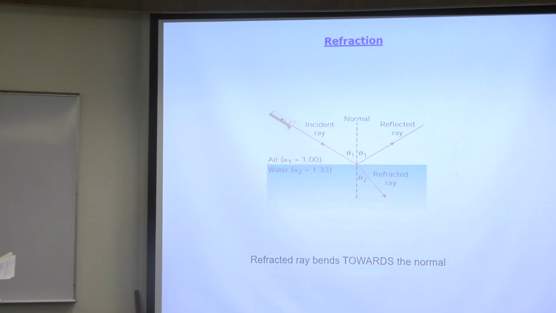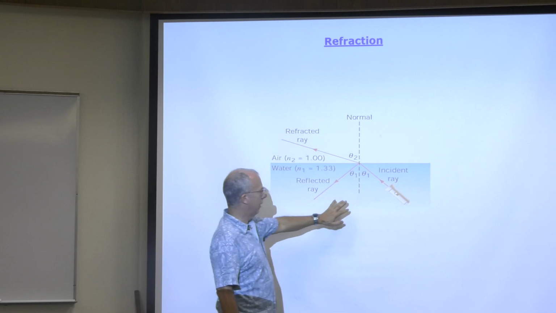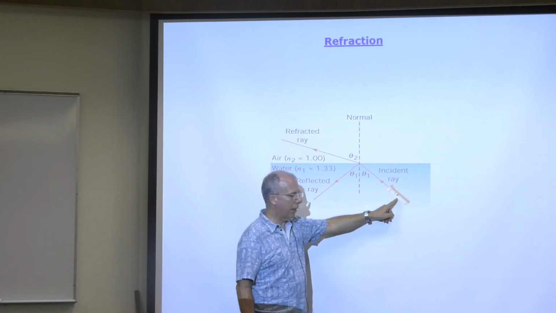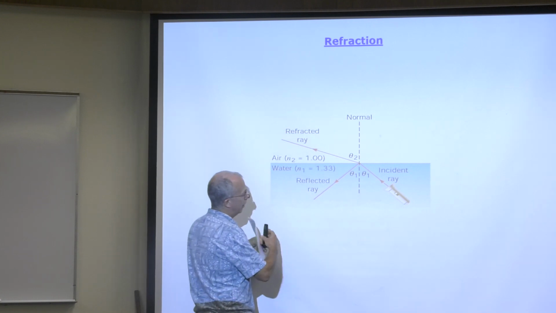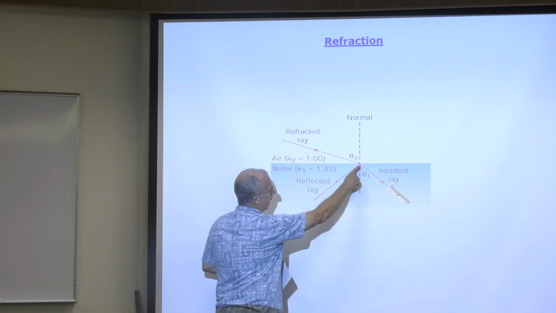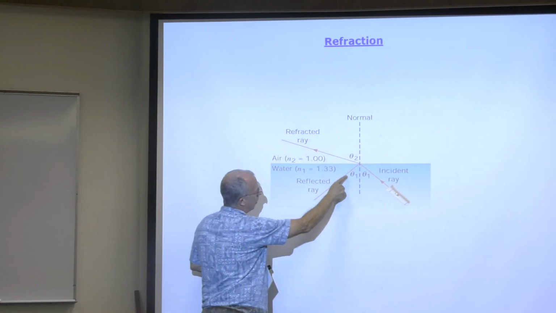Great. Now let's do it the other way. Let's say that the light source is coming from in the water. Again, some of that light is reflected, so this angle equals that angle, no kidding.